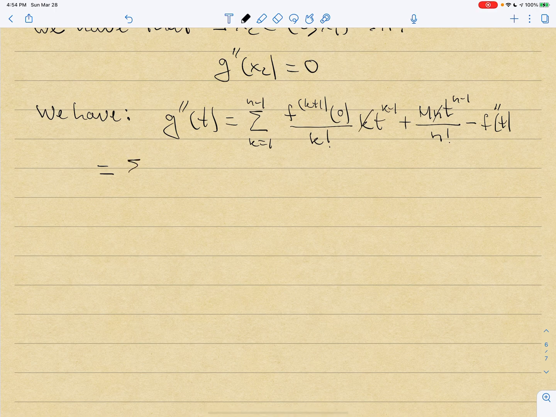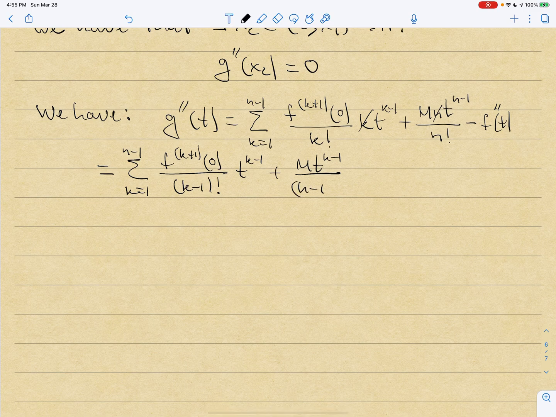So this would be a sum, k from 1 to n minus 1, f k plus 1 of 0 over k minus 1 factorial t to the k minus 1, plus m t to the n minus 1 over n minus 1 factorial, because n will cancel, minus f double prime of t.